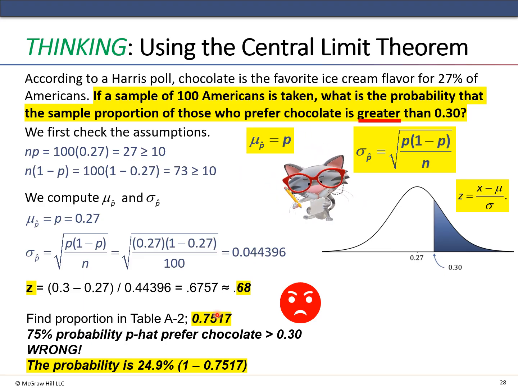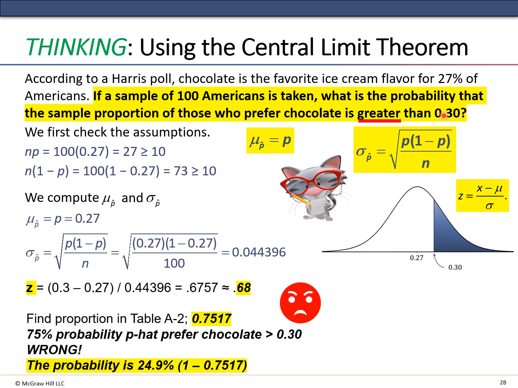This is the probability that our sample proportion will be greater than 30%. So we have a probability of about 25% that a sample will have a proportion greater than 30%.